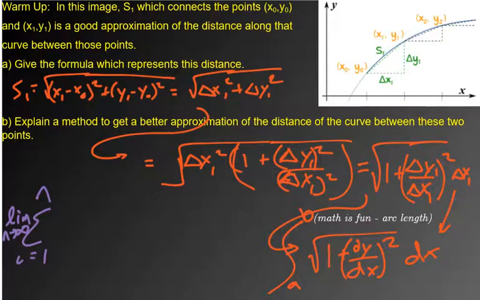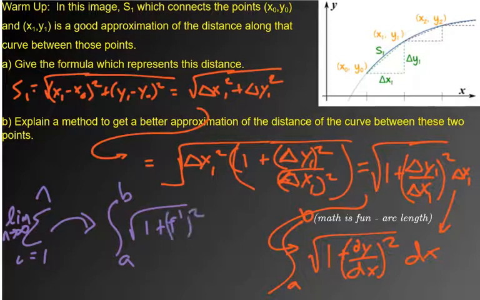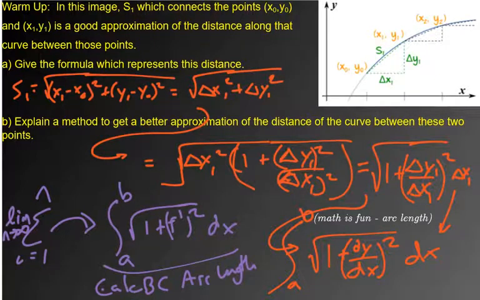By definition of what an integral is, this would give you the integral from a to b of the square root of 1 plus f prime squared dx, which is your Calc BC arc length. And that's really what we're doing.